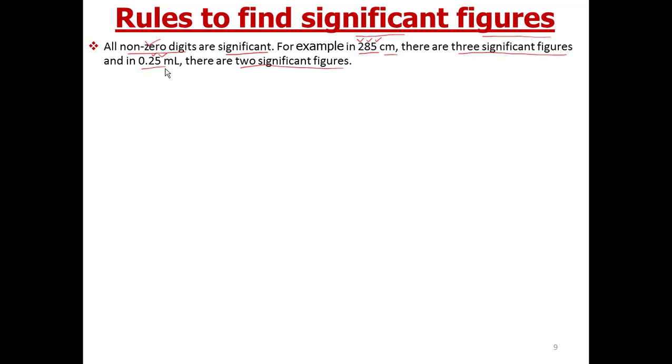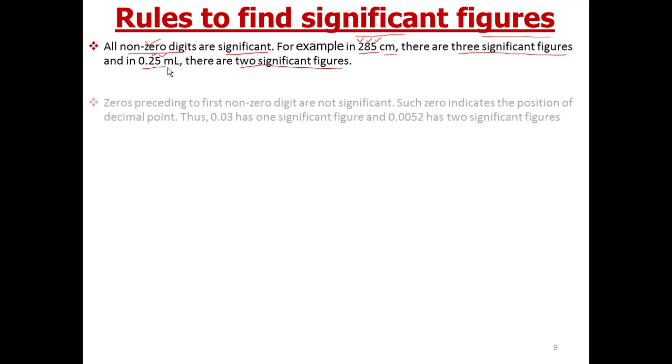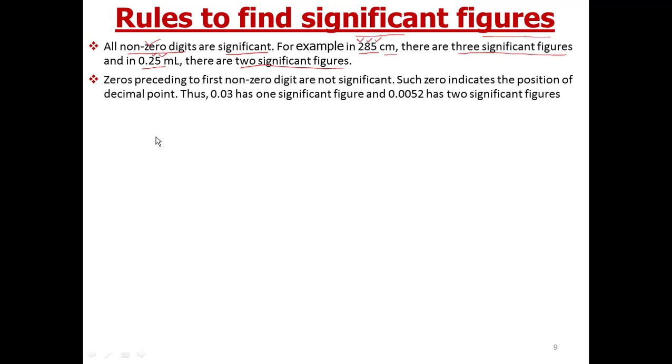Now let us talk about the status of zero: when it is significant and when it is not. First, zeros preceding the first non-zero digit are not significant. These zeros just indicate the position of the decimal point, like 0.03.